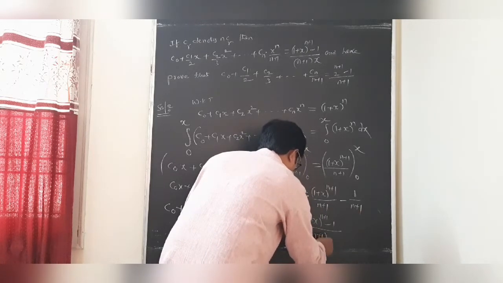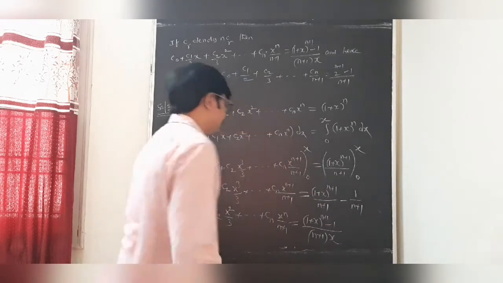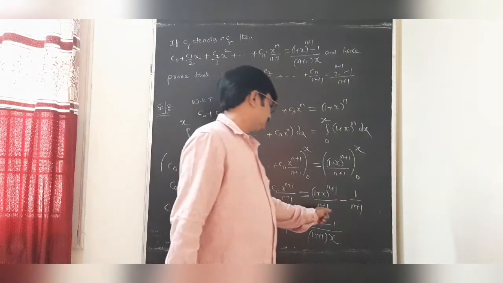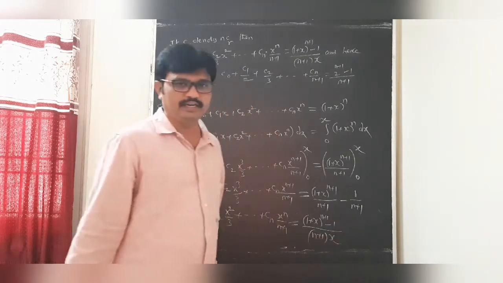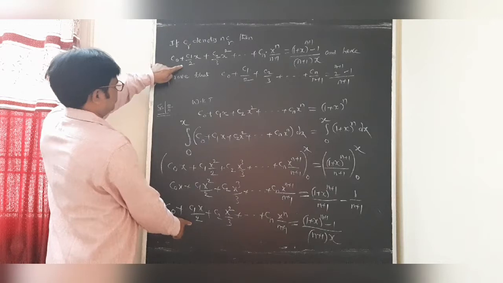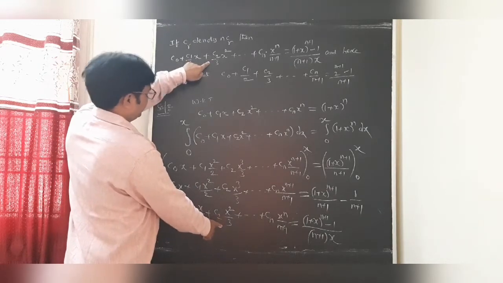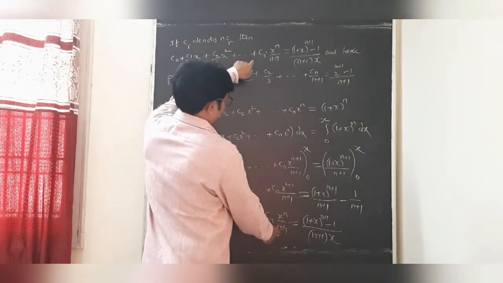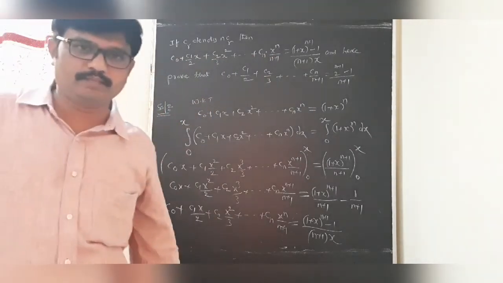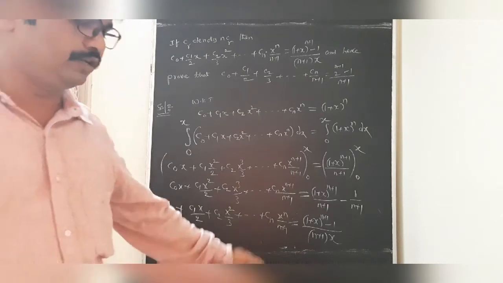LCM is n + 1 into x. Is it clear, students? We are taking the LCM as n + 1 and we also divide by x on both sides. This is C0 + C1 x by 2 + C2 x² by 3 + ... + Cn x^n by n + 1, that equals ((1 + x)^(n+1) minus 1) by (n + 1) into x.